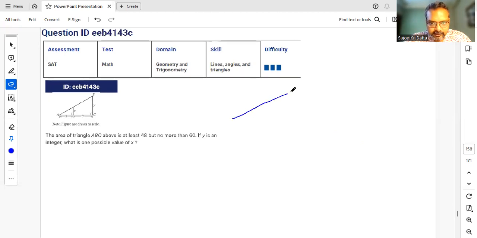All right, so you have this triangle and another triangle. And that's 5, that's 7. This is x, this is y. They're saying that area of triangle ABC is at least 48, but not more than 60. So that means this is 12.